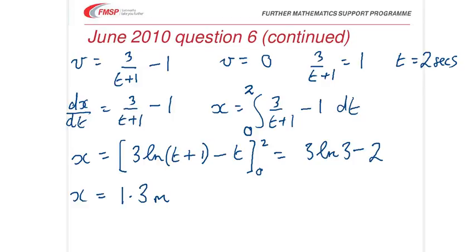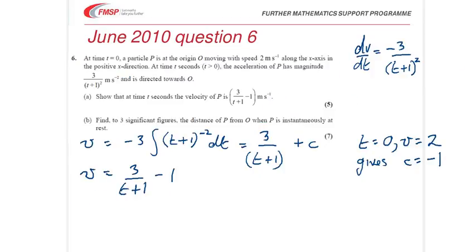So the allocation of marks was like this. Let's just have a look at it. We've got an M1 for writing the dv by dt expression, an M1A1 for integrating with a plus c in there, and then another M1A1 for evaluating the value of the constant and getting the correct expression for v.